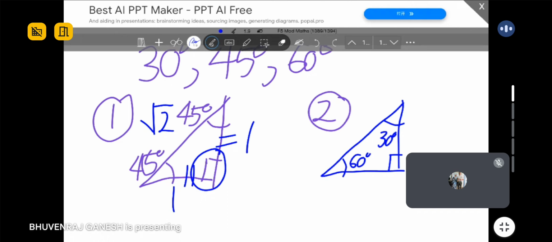Alright, so basically you have to memorize the value, kena hafal nilai. So basically the value is, wait, let me think guys, saya pun kena fikir sekejap. Okay, so the value is basically hypotenuse 2, this side 1, satu lagi sisi adalah root 3.